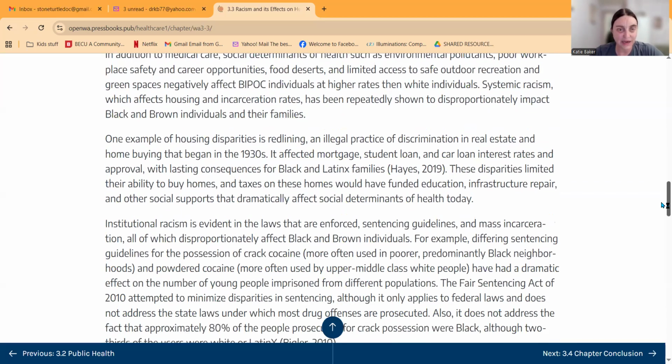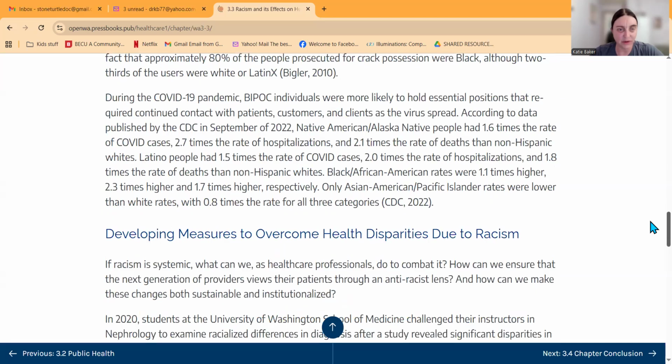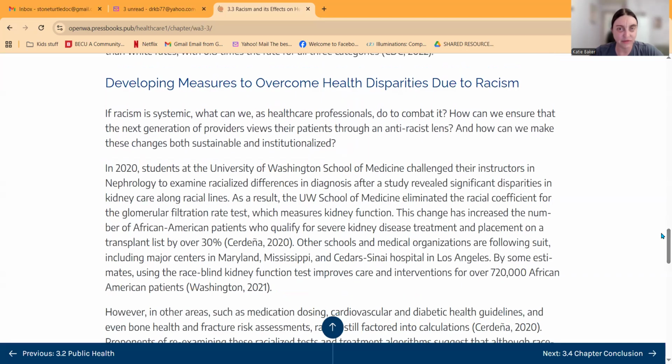And when we get into our section on developing measures to overcome health disparities due to racism, this is where we get to the good news. And I think that this is a really nice section to end a discussion on, which is talking about how the University of Washington School of Medicine looked at racialized differences in the testing for kidney function.